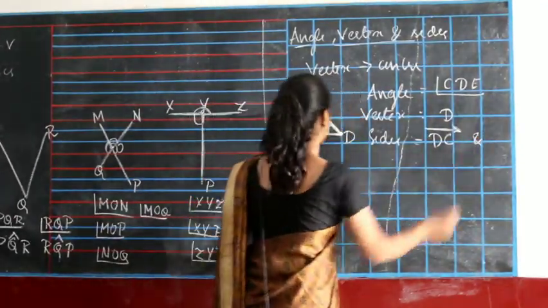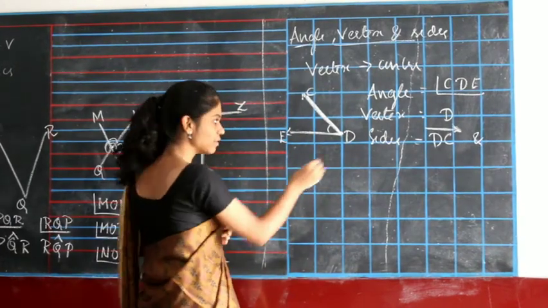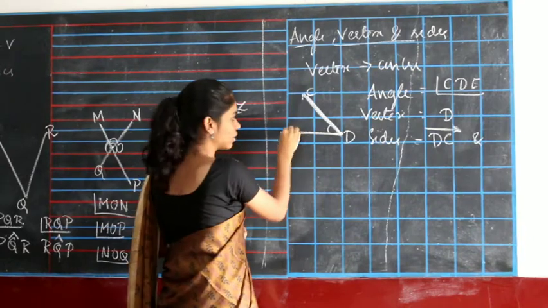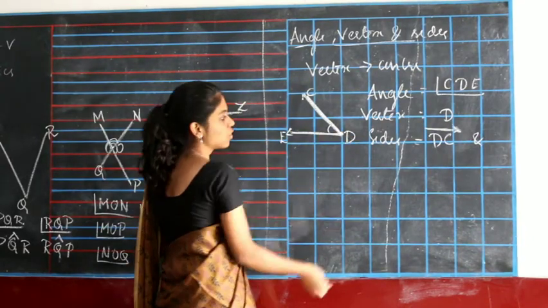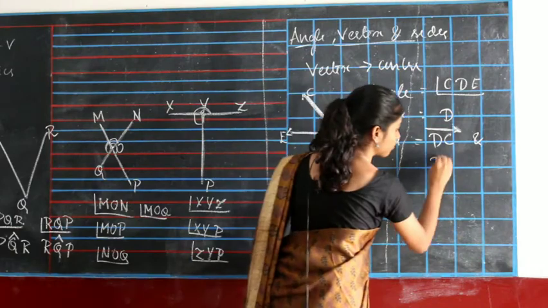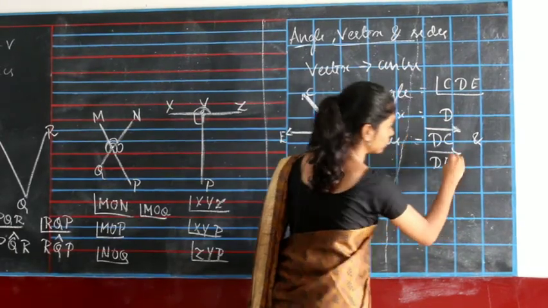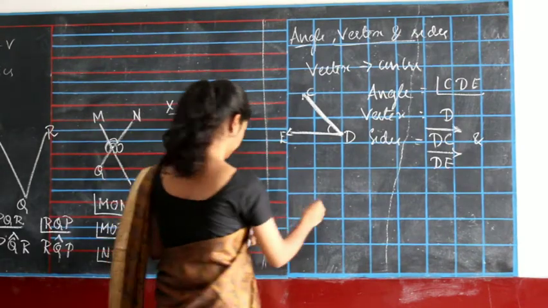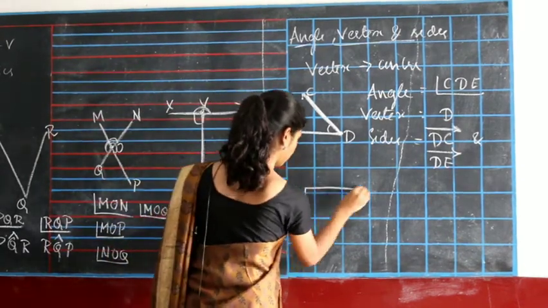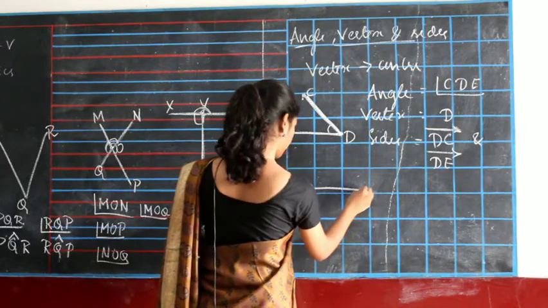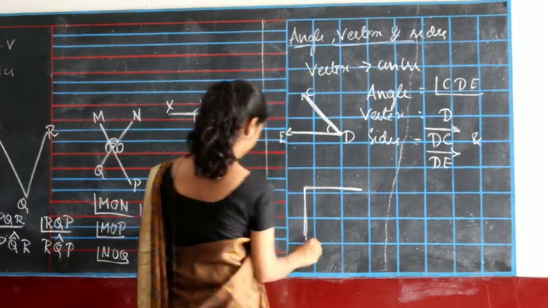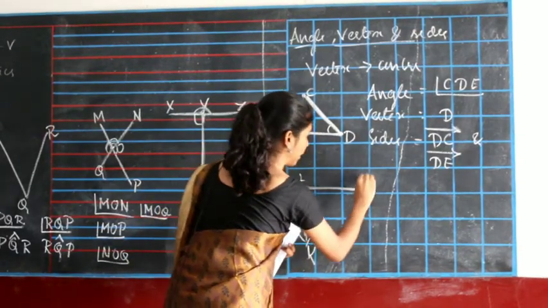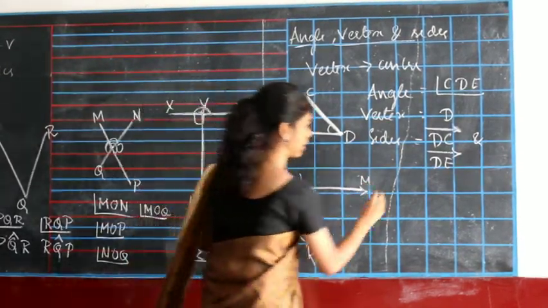Okay. Next. And the other side we have this D and E. From here to here this is going. Right. From here to here. So D to E. We can write like this. Okay. So now the second one. K, L and M. Now the same way.